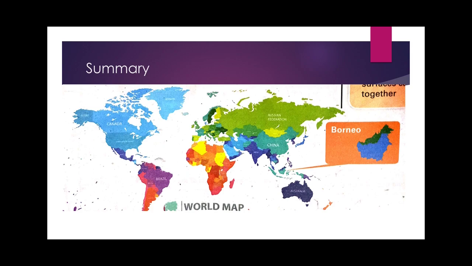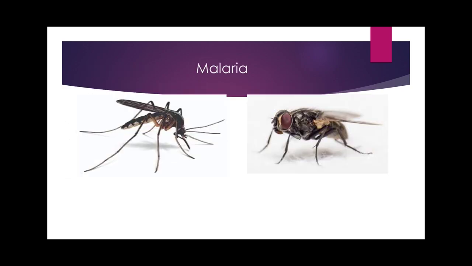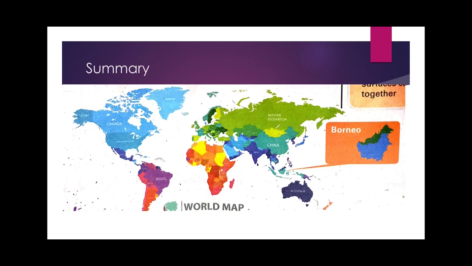Now, there was a problem with the island, that there was a large swarm of flies and mosquitoes there. And students, this island Borneo was a very hot island.